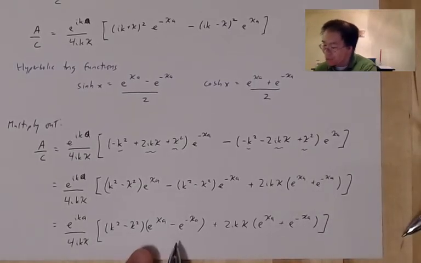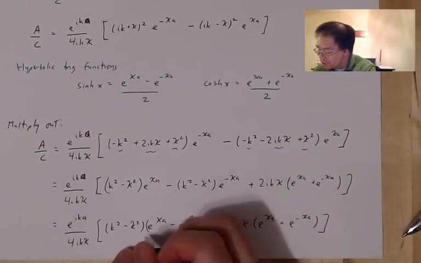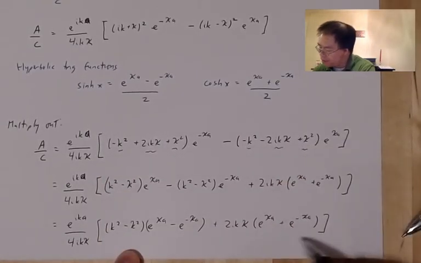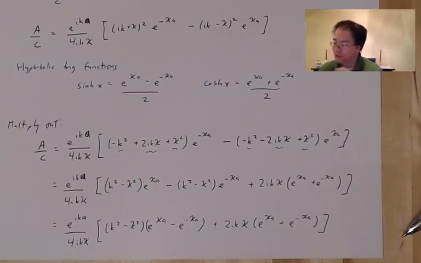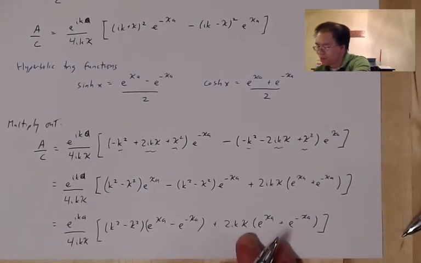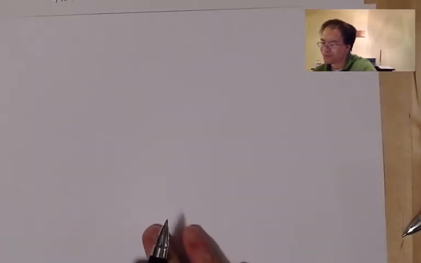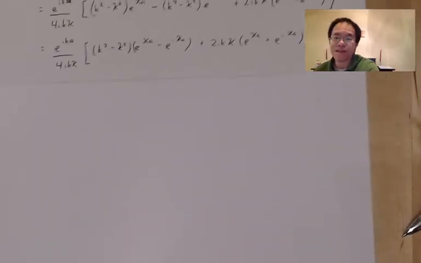Okay, so this is good now because this is now 2 sinh kappa a, and this is 2 cosh kappa a. So let's do that. So write in terms of trig functions. See what we got here.